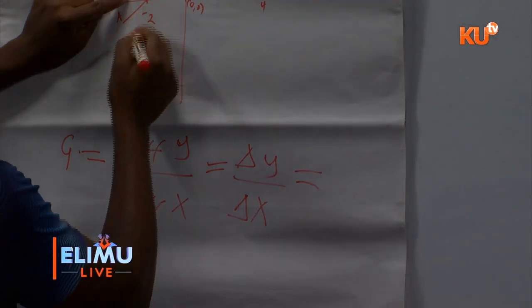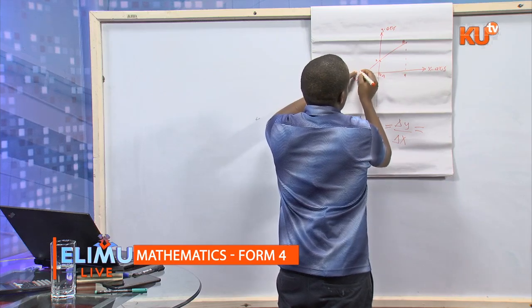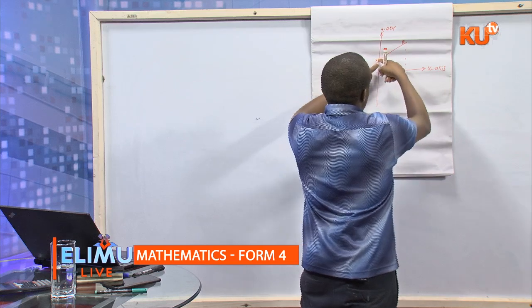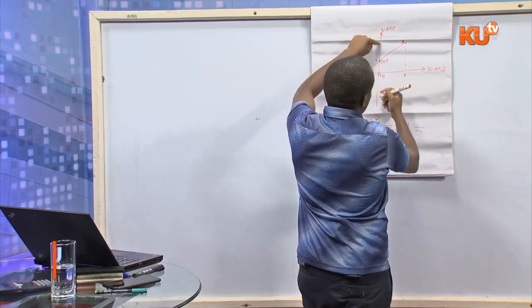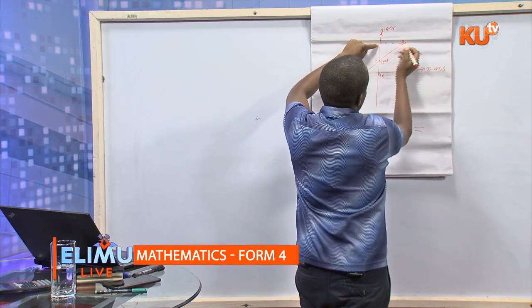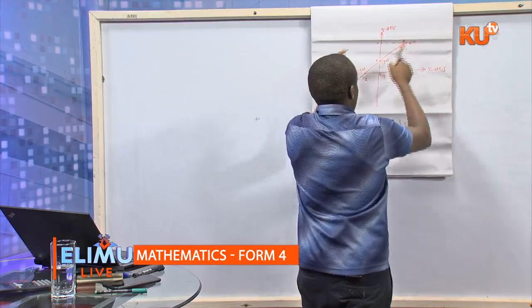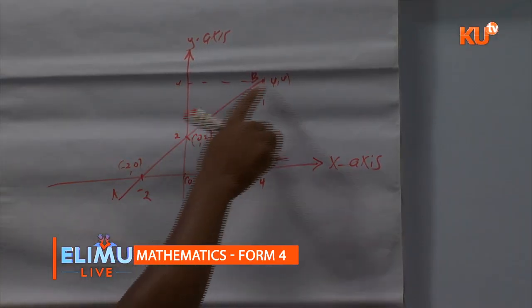So this point has x as -2, y as 0. So this is the point -2, 0. This is the point 0, 2, and this other point is 4, 4. You can use any of these 3 points to find the gradient of that line. So let us use these two.